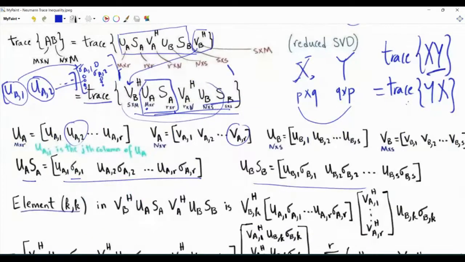So what is element KK in this matrix here?